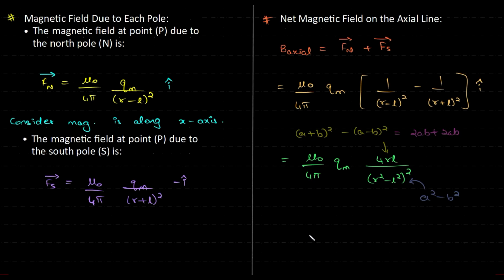And now, what can we do with this? We always have to express in terms of moment. So dipole moment is qm times 2L, pointing in the i direction. So all in all, we can write qm 2L i cap as m.